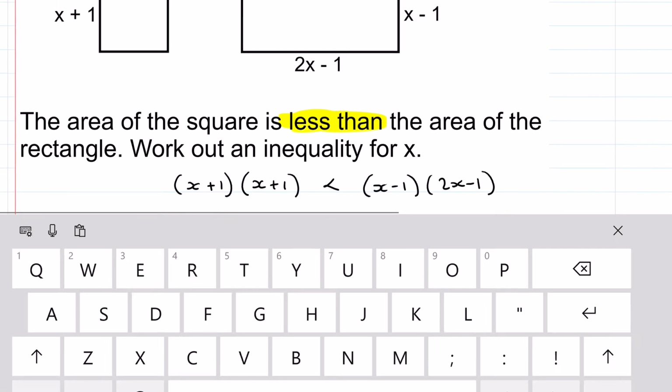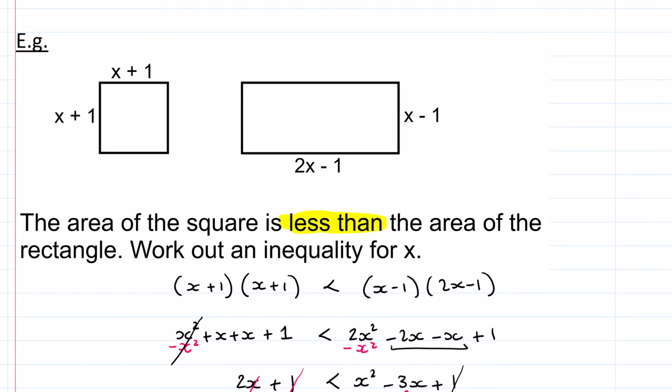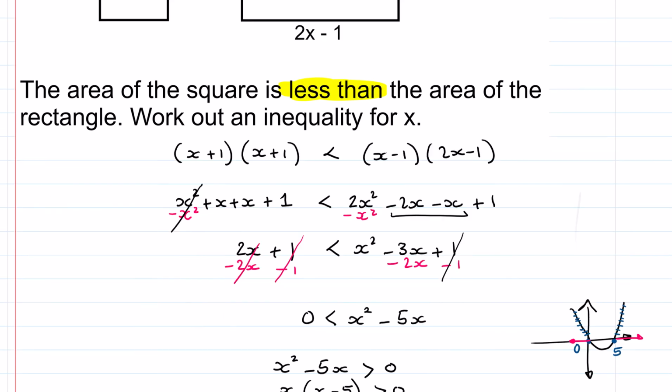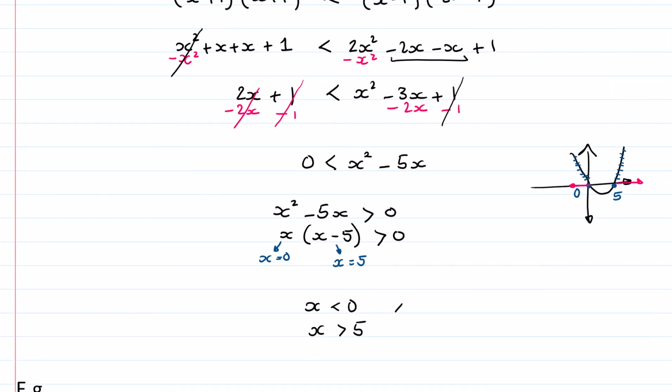Now let's go back. If you're looking at area and measurements and dimensions, you cannot actually have a dimension that is negative. So x is smaller than 0 is not going to be accepted.